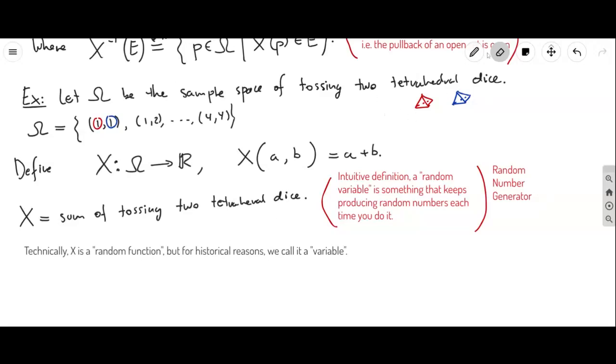Here's a very simple observation. Oh, I did forget to say, why is it that the random variable that we just described is indeed a random variable? So we had this map from the sample space of all dice throws into the real numbers.